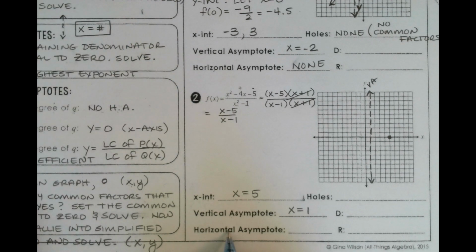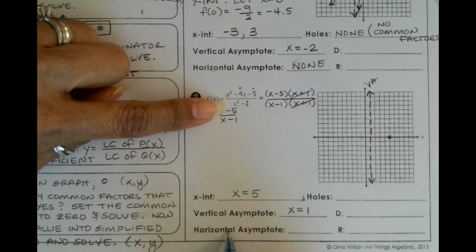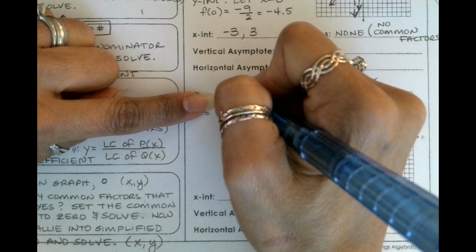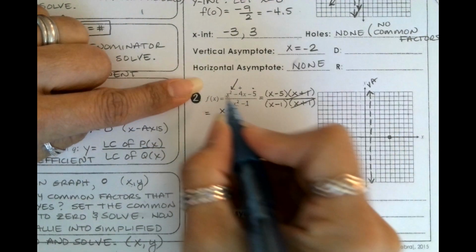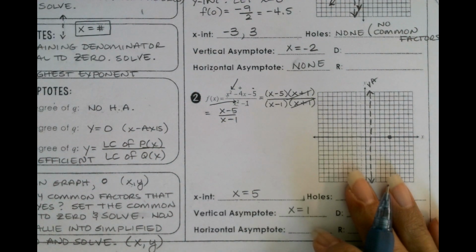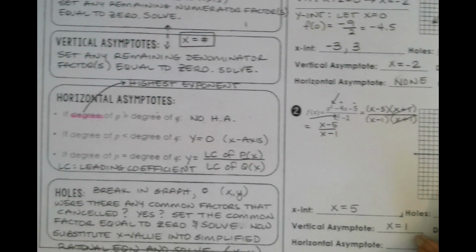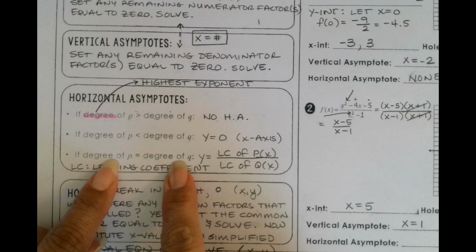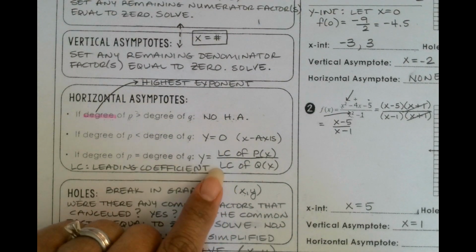Horizontal asymptote tells me to look at the degree of the numerator polynomial and compare it to the degree of the denominator polynomial. The degree in the numerator was a 2, and the degree in the denominator was also a 2. So shifting over here, we see that if the degrees are equal to one another, you are going to take the leading coefficients and divide.